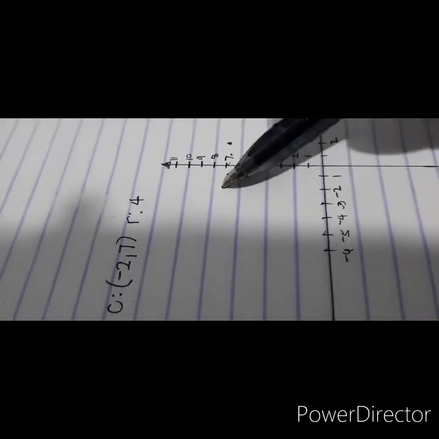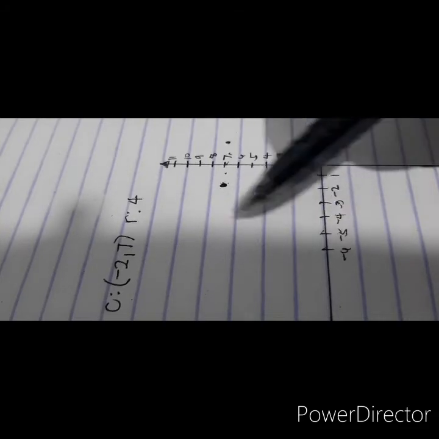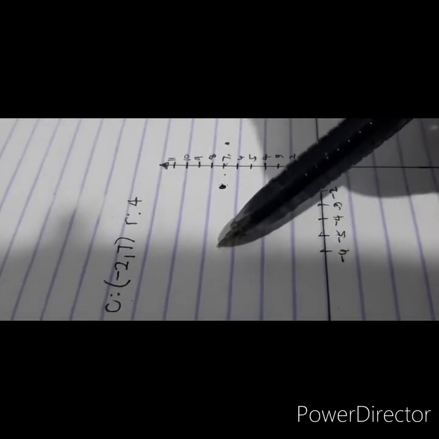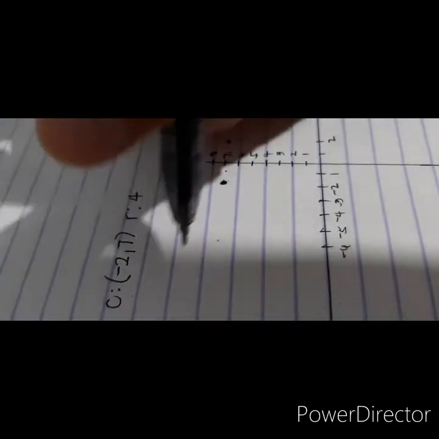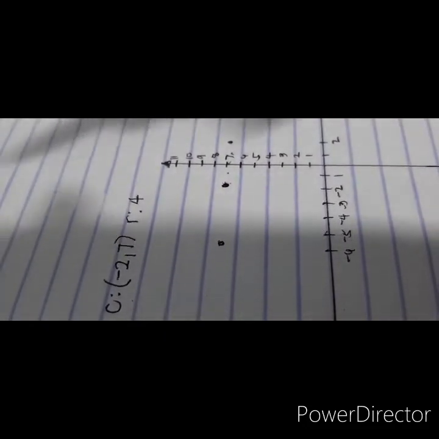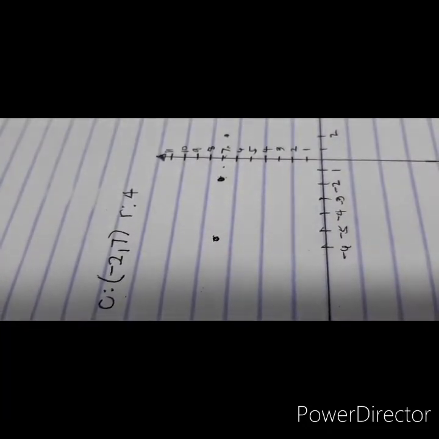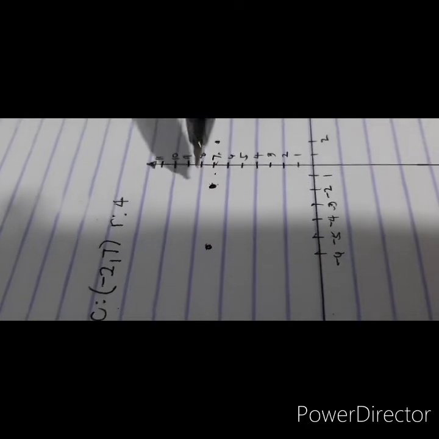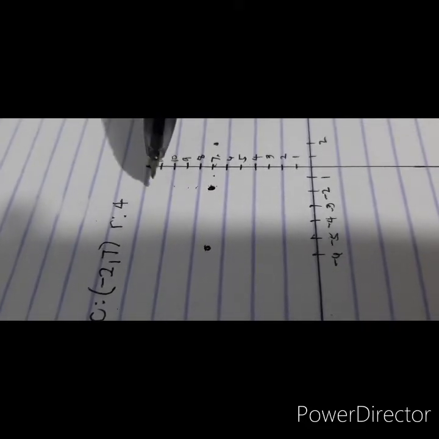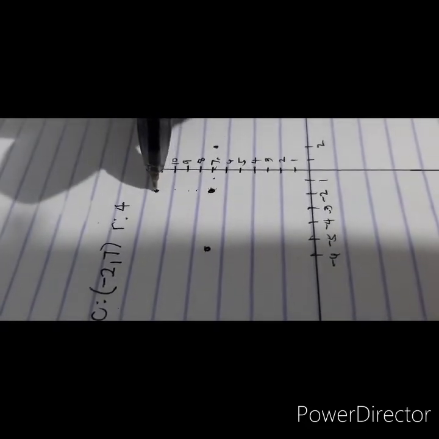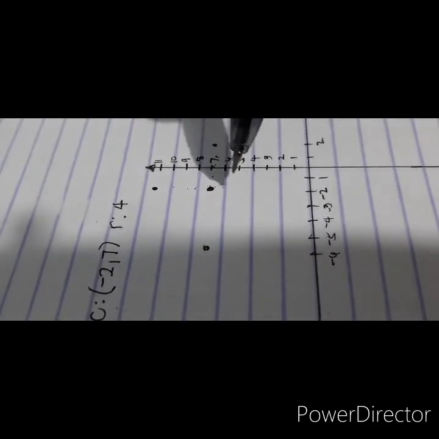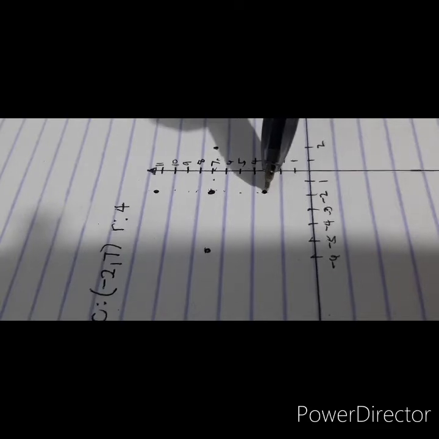So going to the left, we have 1, 2, 3, 4. So here it is. Next, for the y-axis, we have going up 4 units, 1, 2, 3, 4. And going down, 1, 2, 3, and 4.